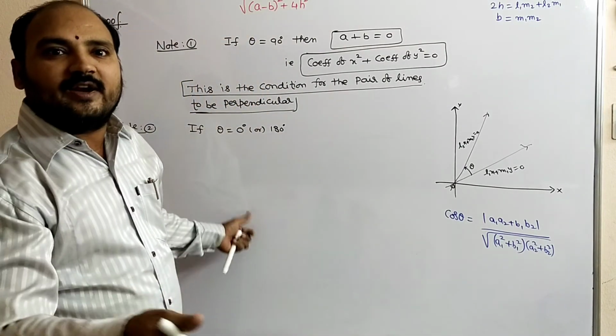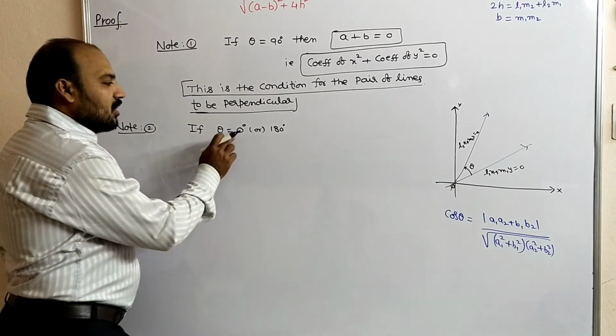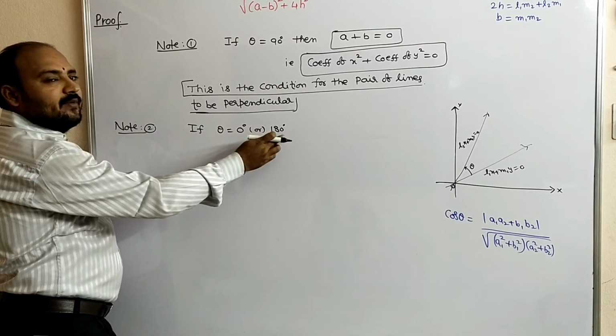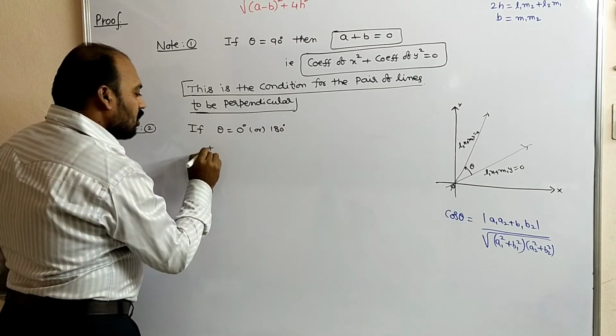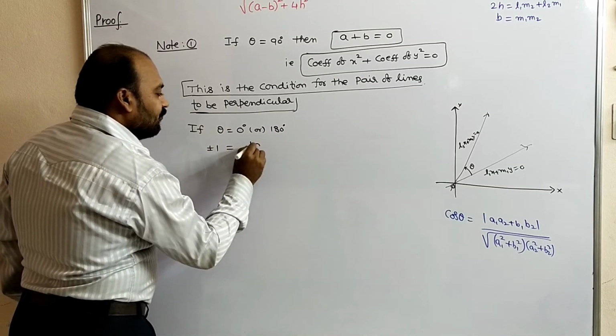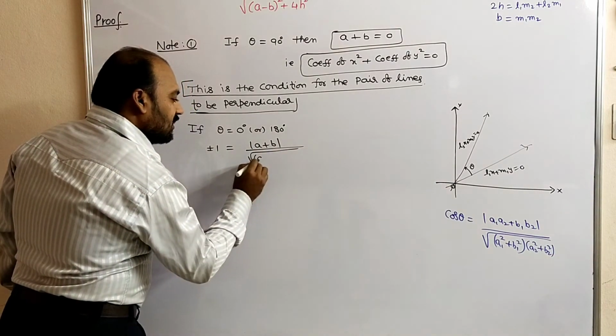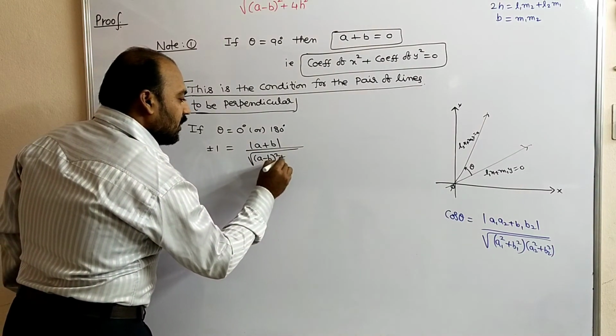We are going to calculate the condition now. So for theta 0 or 180, cos 0 value is 1 or cos 180 value is minus 1. So you will get plus or minus 1 equal to mod A plus B divided by root of (A minus B) whole square plus 4H square.